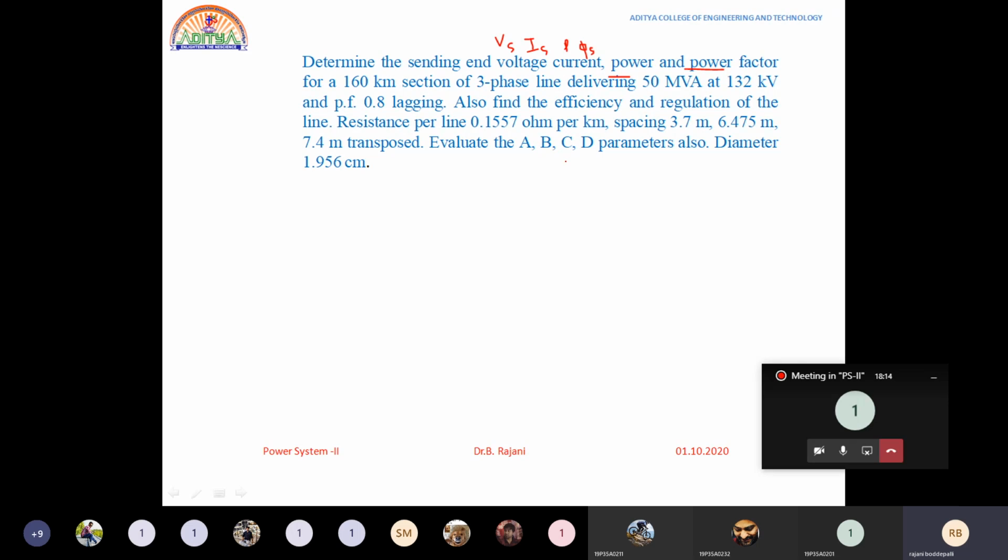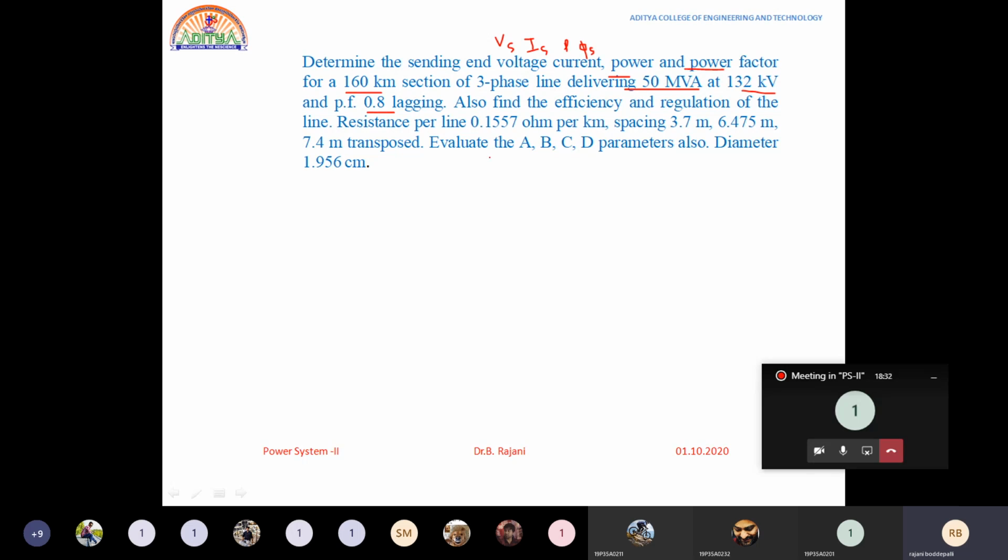The power delivered is given, and it is a 160 kilometer length of the line. The power delivered is 50 MVA and 132 kV is the voltage, with the power factor at the receiving end side.